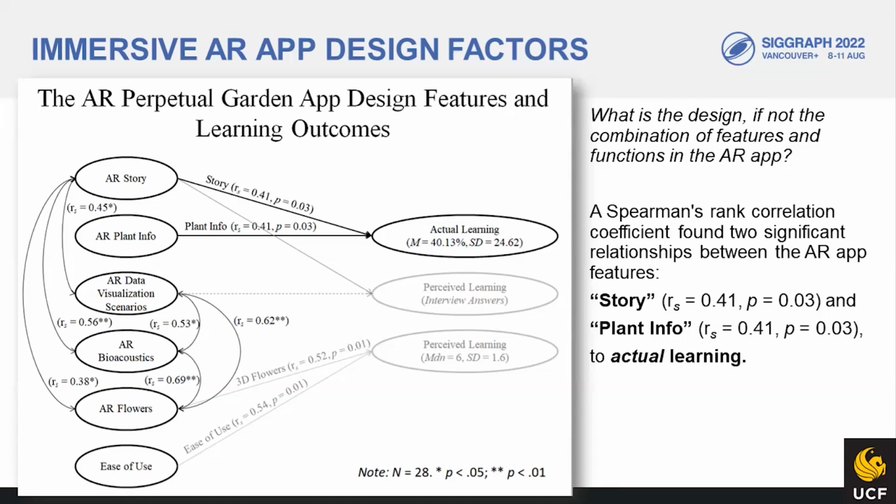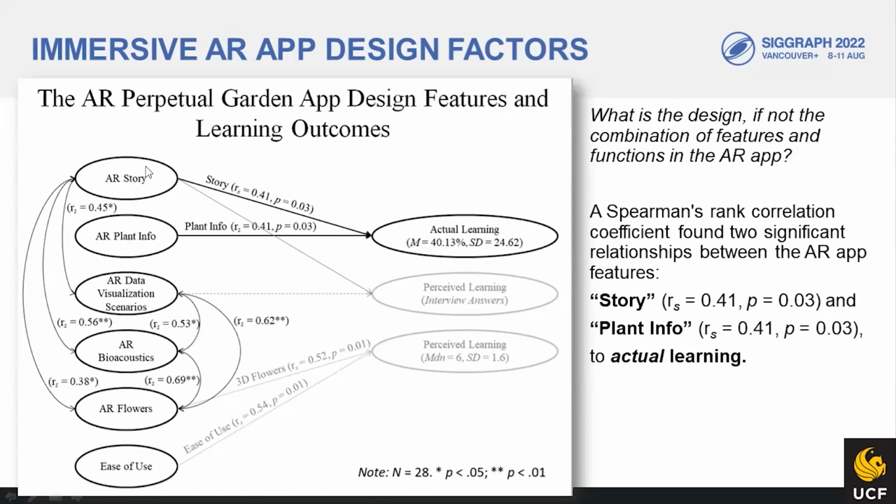If you're designing these digital twins, or you're designing these immersive environments for education, they have to be interactive with the educational content, right? The facts and the stories have to be accessible for them to learn. It's obvious. But the other thing that's really interesting is how all of the design factors of the visualization, the scenarios between the woodland in balance and out of balance, the two visualization scenarios, the bioacoustics, the flowers themselves were all correlated to story.